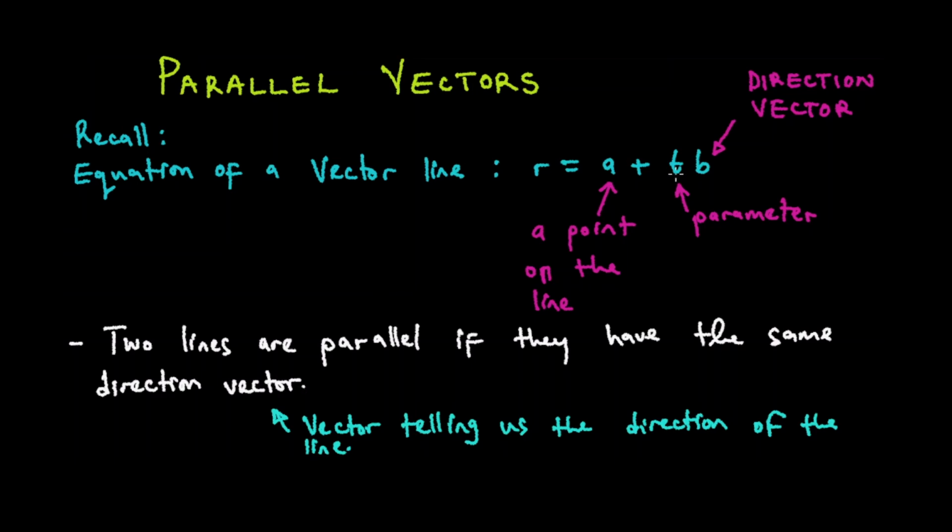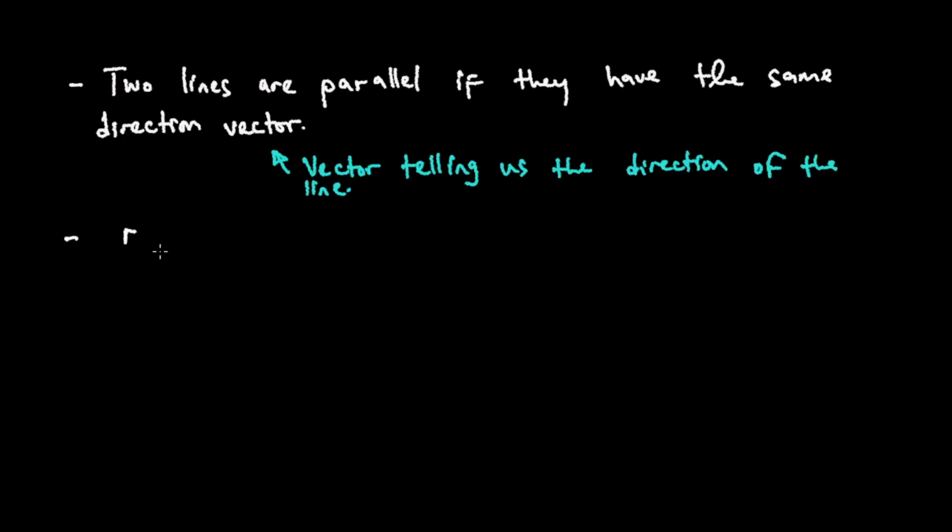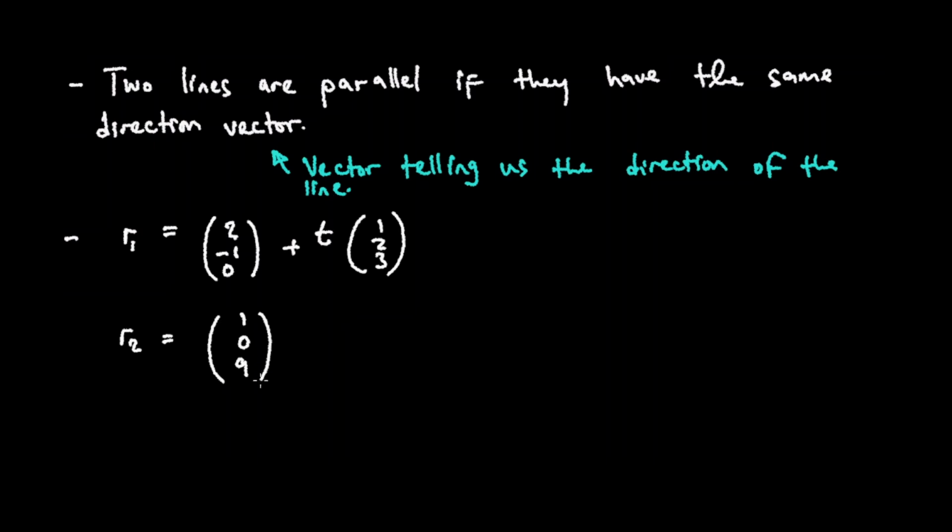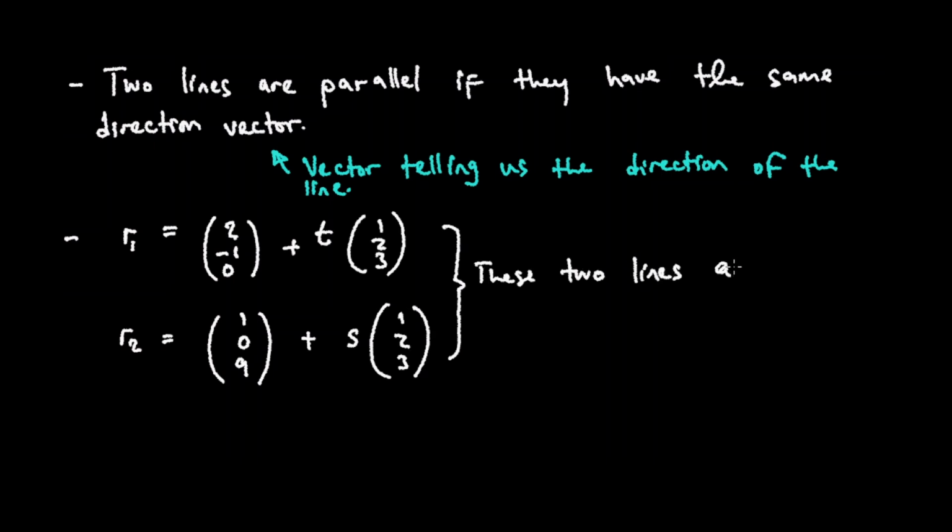So let us give an example before we do a more formalized example. The vector line, the equation is r = (2, -1, 0) + t(1, 2, 3). We can say this is r1. r2 is equal to (1, 0, 9) + s(1, 2, 3).